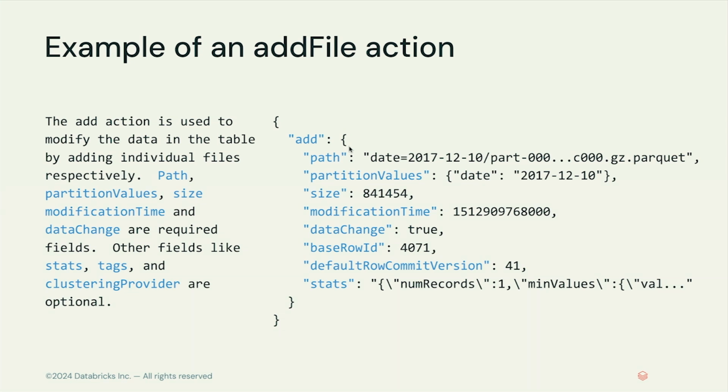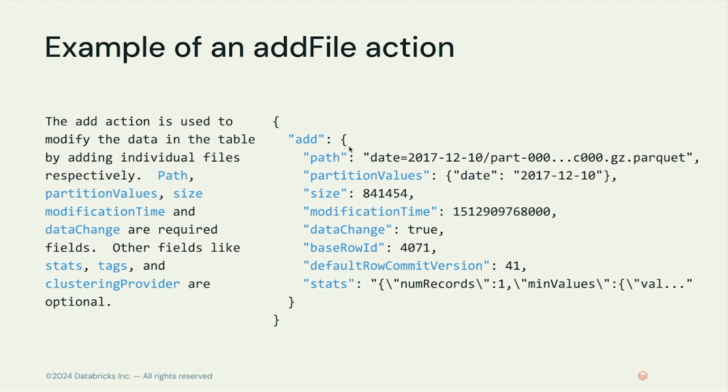A really interesting one, if you've ever dug into it, is data change. If you work with your data and you change how it looks, but you didn't actually change the data, so maybe you optimized it, you sorted it, but you didn't actually change or remove data, you can just mark data change false, and it behaves a little differently. It's really cool for streaming and backfills, that's key.